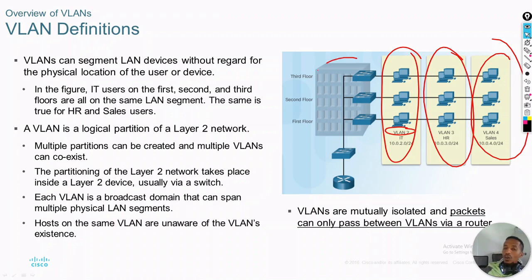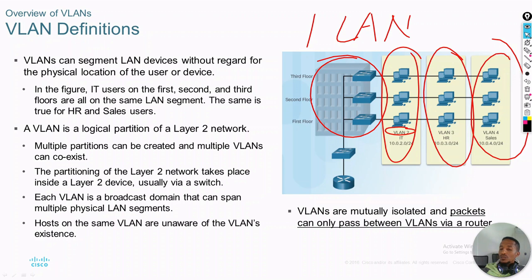If you see it, all of them are connected by a switch. So if your devices are connected by a switch, usually they are in one VLAN, a single VLAN. But the single VLAN can be subdivided, as you can see here. It is subdivided into 3 virtual LANs. They are not actual LANs, but they are virtual.